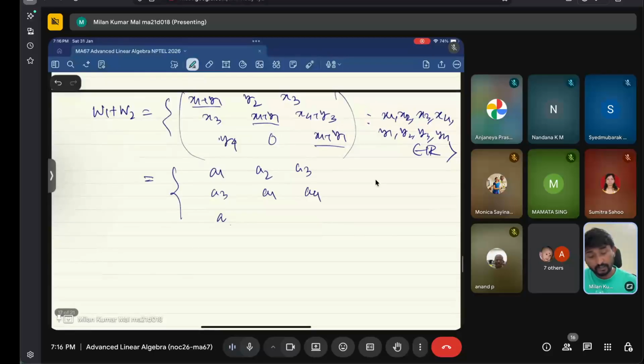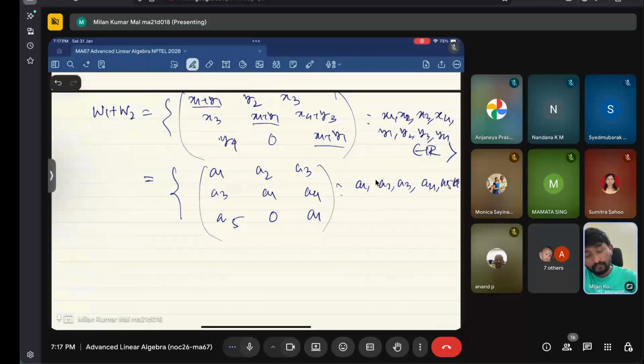One can always write it this way. There is no harm in writing this way, and a1, a2, a3, a4, a5 are real numbers.